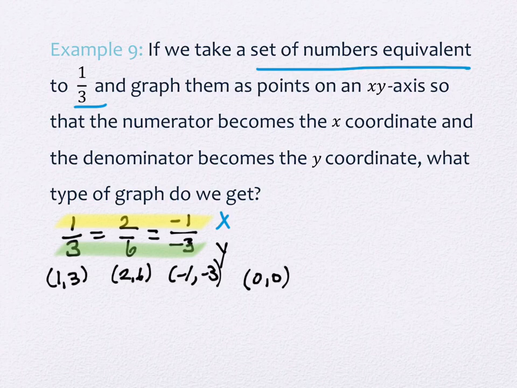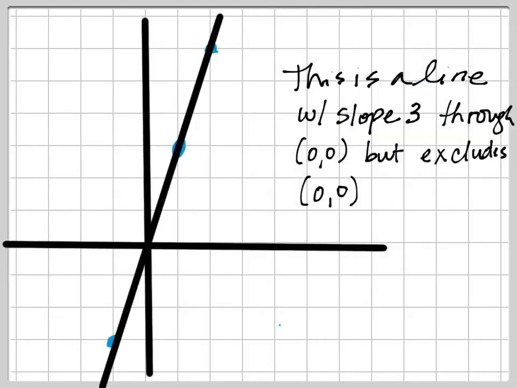So it's on the line, but it's not one of the ordered pairs that actually satisfies the condition. So it really is not included because 0 over 0 does not equal 1 over 3, which is what we started with. So it's an excluded number from the line. So it's kind of an interesting example of ratios.